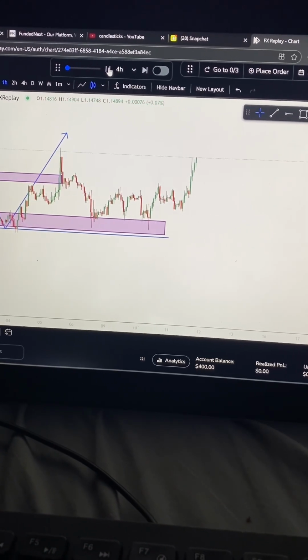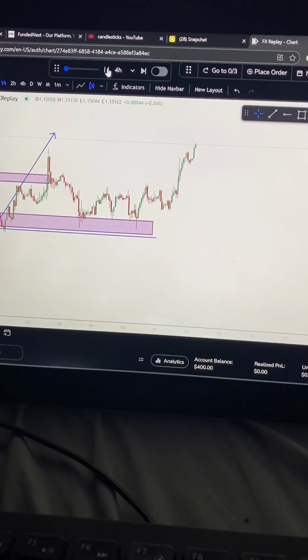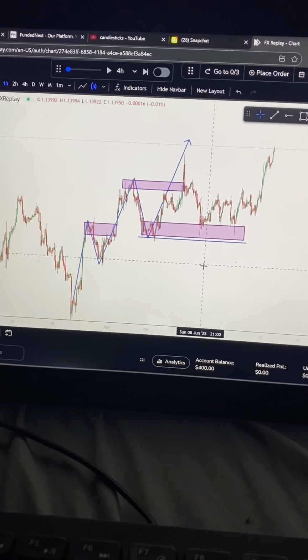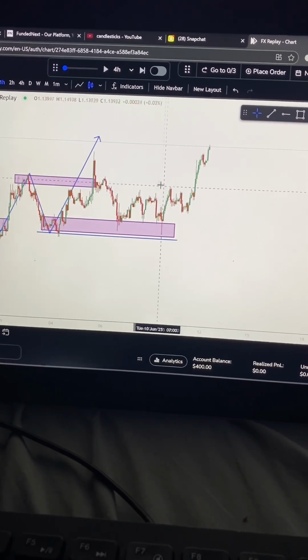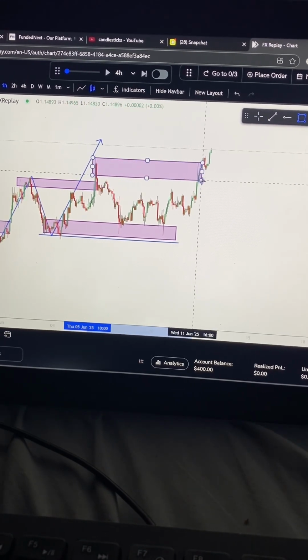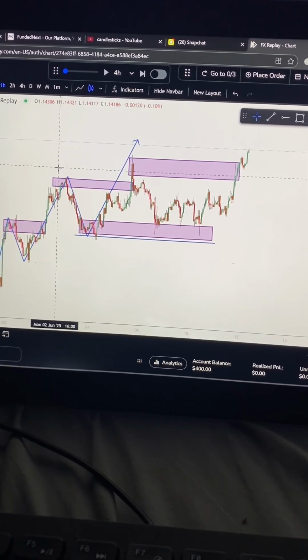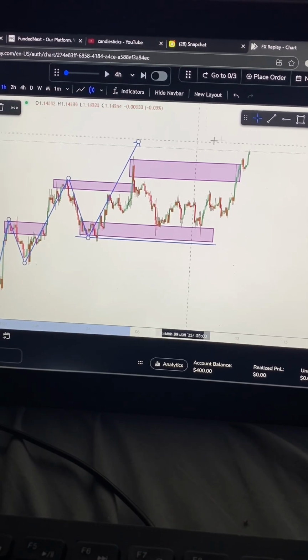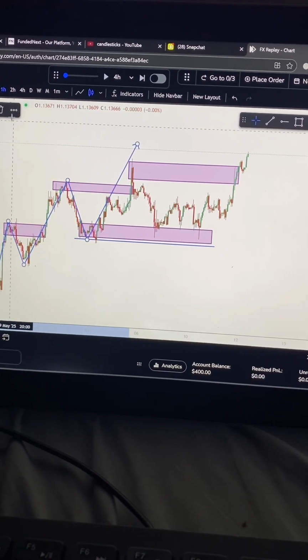So this is still an uptrend. Okay. So the market has broken structure over here at this level. Came like this. So basically the move has gone like this.